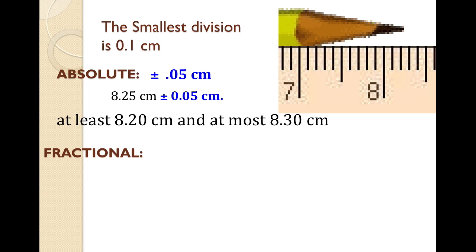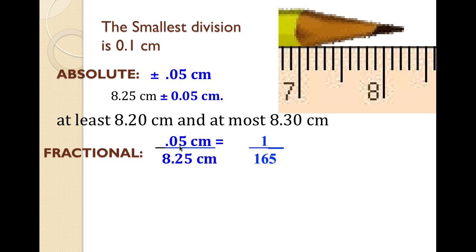The fractional uncertainty, remember, is the absolute uncertainty over the measurement that you had gotten. So it's 0.05 centimeters over 8.25 centimeters, and that is 1 over 165.